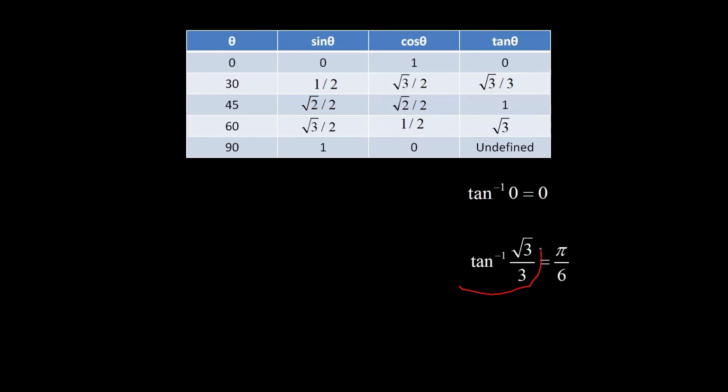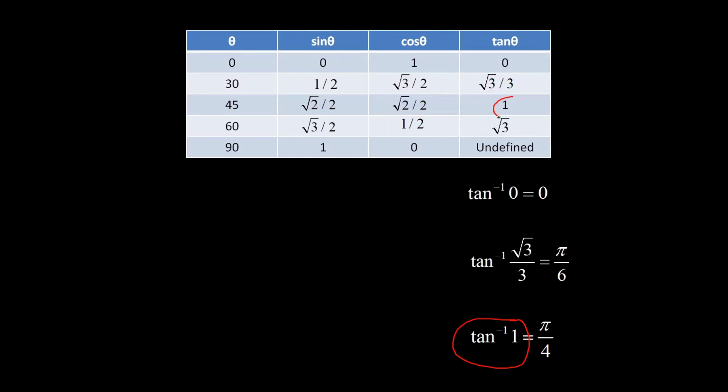How about the inverse tangent of square root of 3 over 3? Well, we'll look. Here's square root of 3 over 3. The inverse tangent is going to output the angle for that result, pi over 6. Or how about the inverse tangent of 1? Well, we're looking at our table.